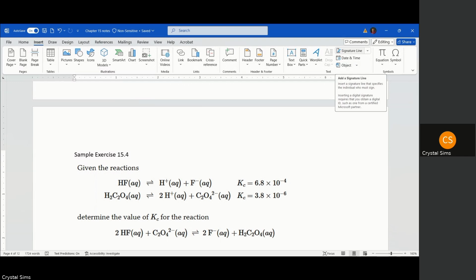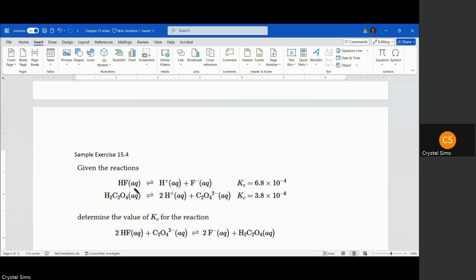If we look at what these reactions have in common, we can see that we have HF here, and we also have HF in our overall reaction.